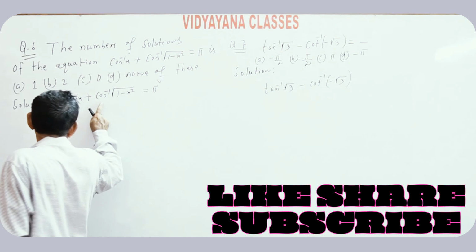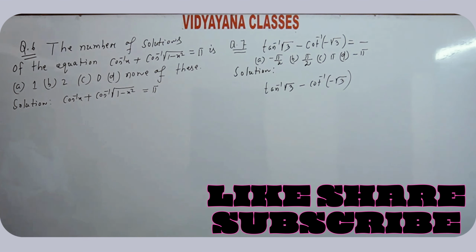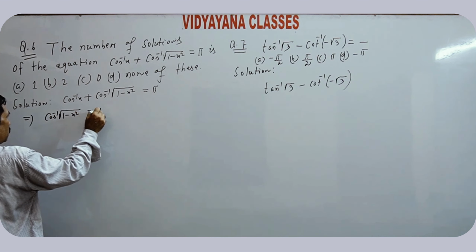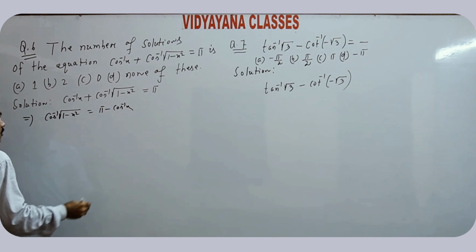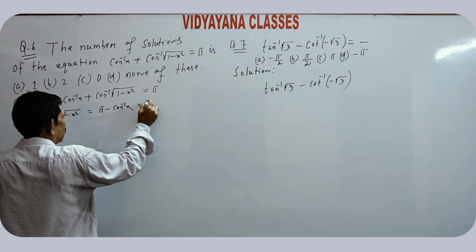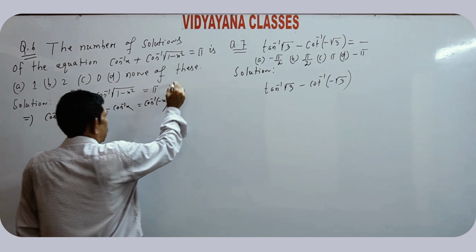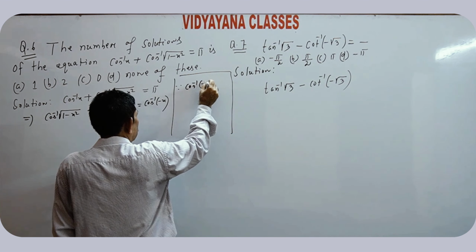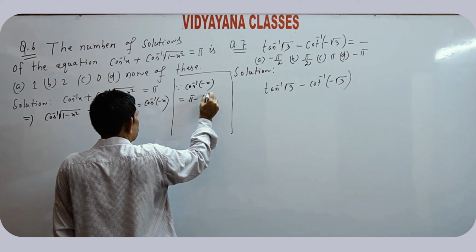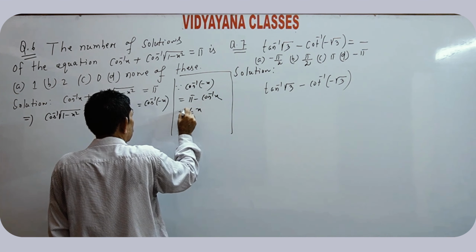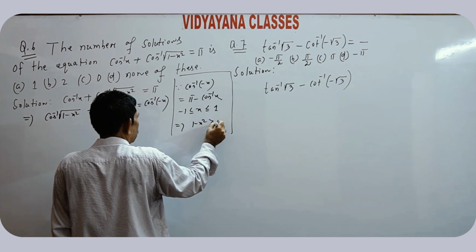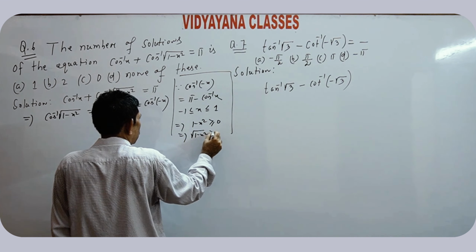That implies cos inverse square root of 1 minus x square is equal to pi minus cos inverse x, which is same as cos inverse minus x, since cos inverse minus x is equal to pi minus cos inverse x, x greater than or equal to minus 1 and less than or equal to plus 1, which implies 1 minus x square greater than or equal to 0.